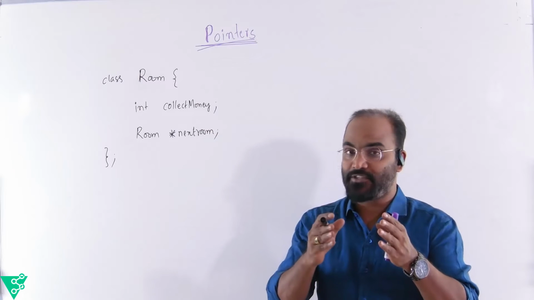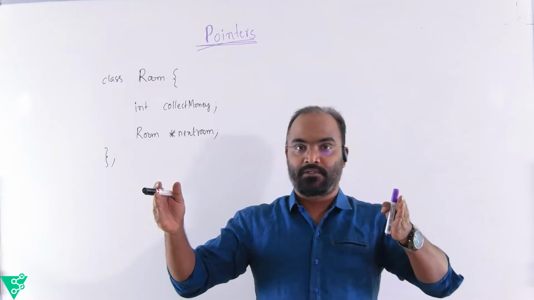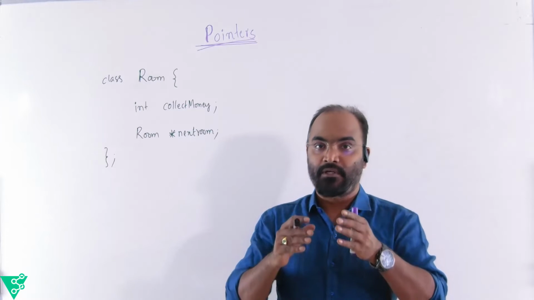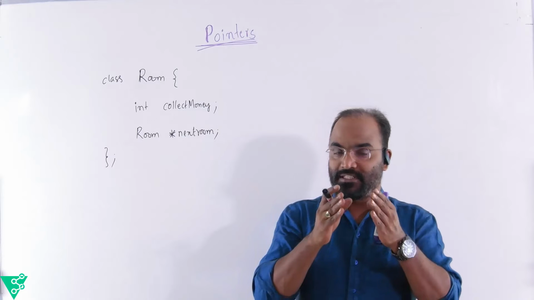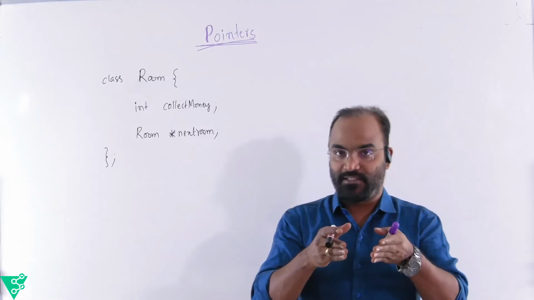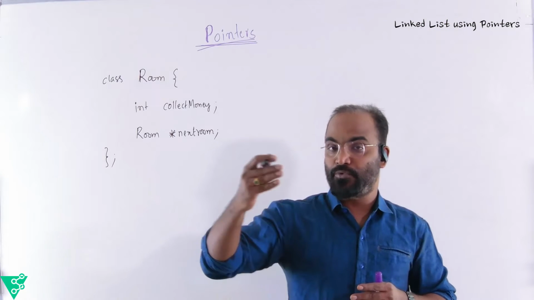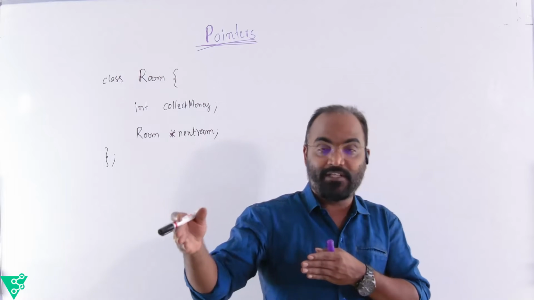Class, imagine now it's a sequence of rooms. You have multiple rooms, and you know the starting address. Therefore, you got inside. And now, how do you get into the second room? You need the address of that second room.